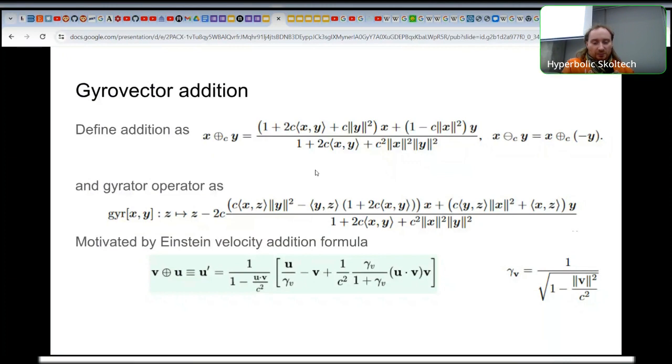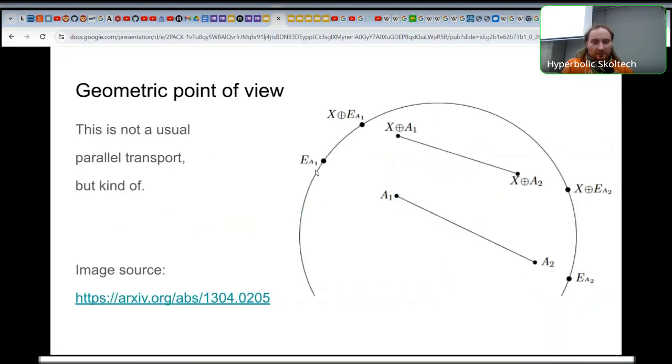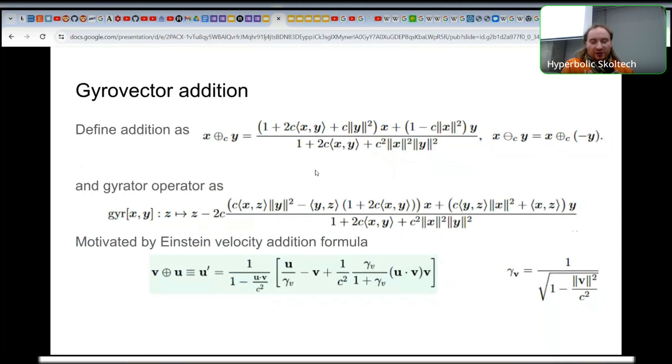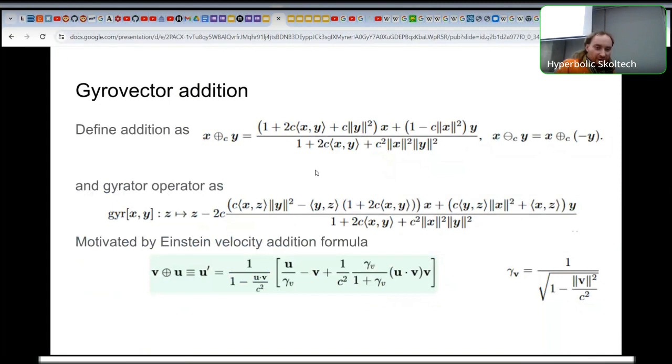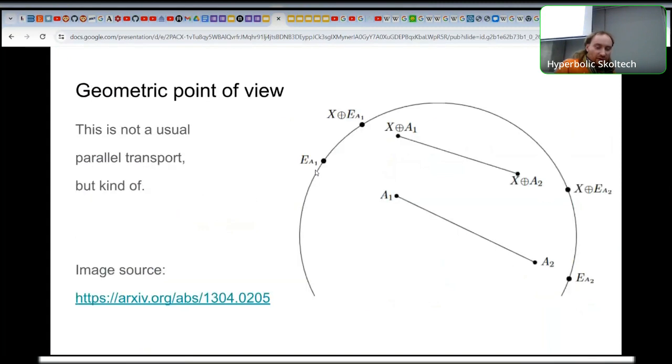Okay, so this is a formula from solving hyperbolic triangles, actually, inspired by the velocity addition formula. So if you are just taking the gyrosum with some gyrovector x, then you are just moving the whole line.